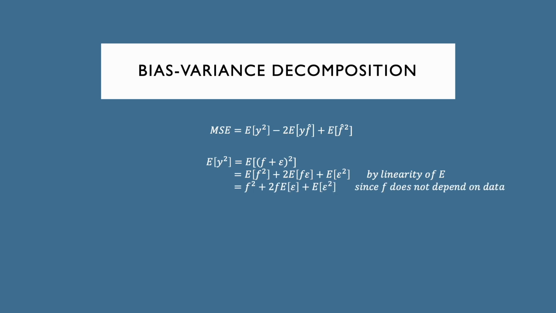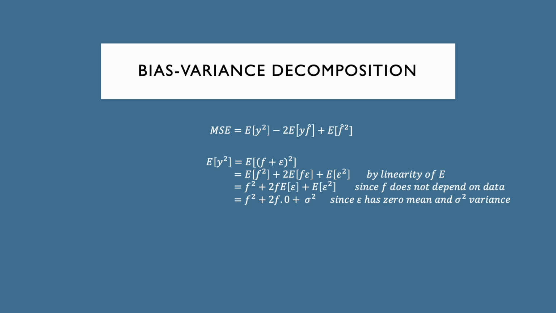Now since f does not depend on the data, because that's going to be a constant value, we can leave the expected value out and it's just f squared. Now the noise that I was talking about, let's say that noise has a mean value of 0 and sigma squared as variance.